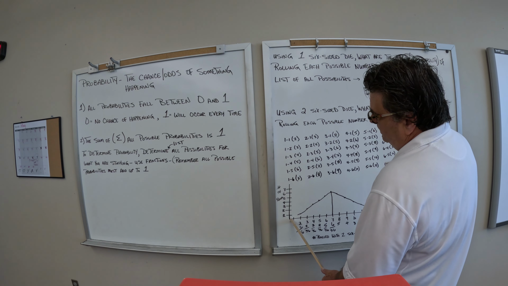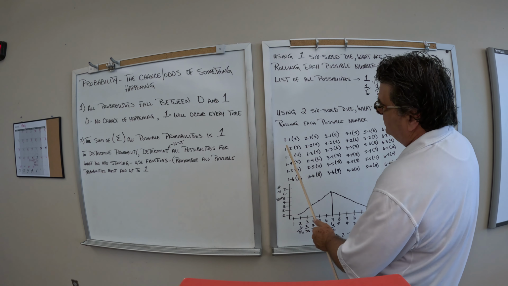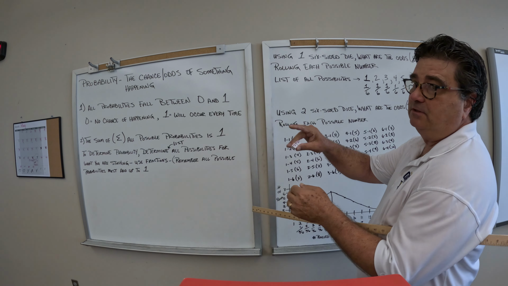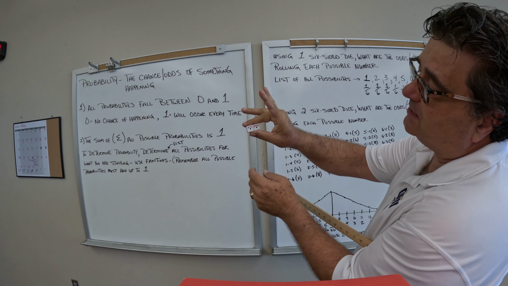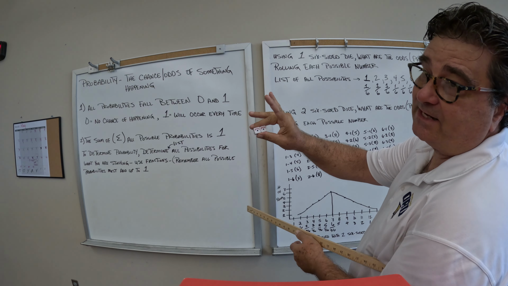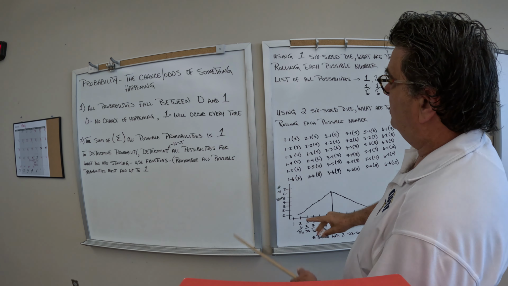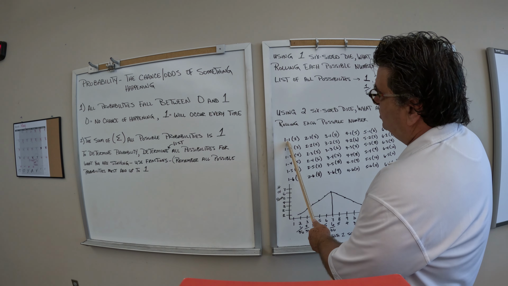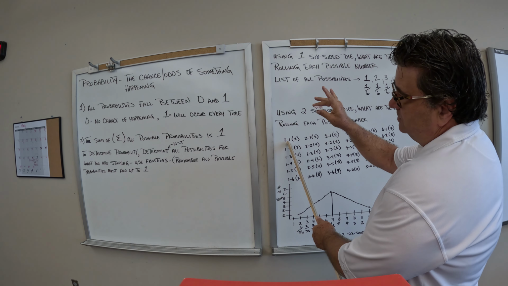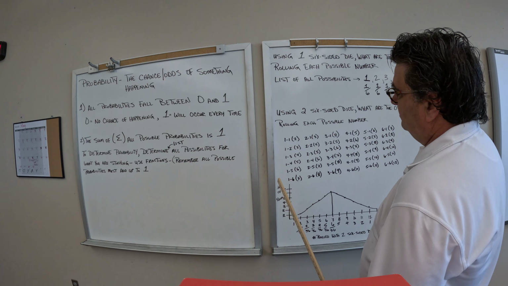Can you roll a 1? There's a 1 right here. And if you notice, there's no way, because the lowest number you can roll is snake eyes. When you add those up, that's the number when you roll it, is 2. There's only one way to get 2 with 2 6-sided dice.